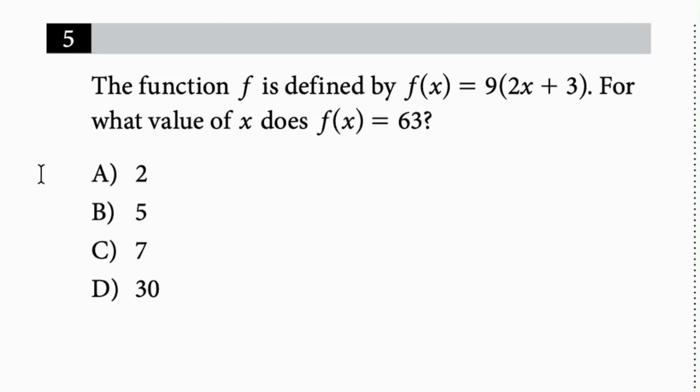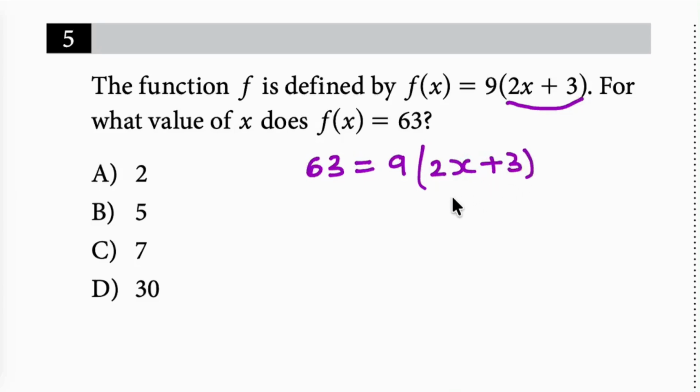The function f is defined by f(x) is equal to 9 times (2x plus 3). For what value of x does f(x) is equal to 63? Okay. f(x) is equal to 63. That means we have to replace f(x) with 63 and this is 9(2x plus 3).